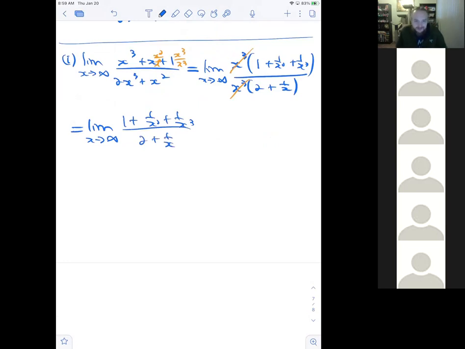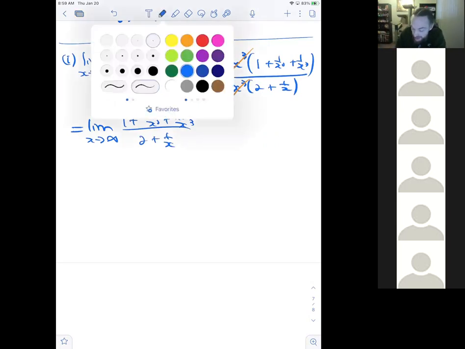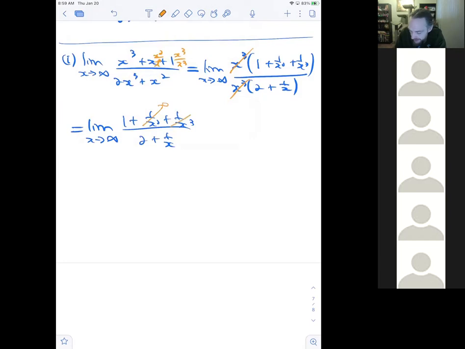Why did we do that? Because we have to know from our lexicon all of these reciprocal functions, all of them go to 0 at infinity. That's why we do that. We're going to have to do the same thing for the transcendental function. So what does this equal? This just gives me 1 plus 0 over 2 plus 0, which is 1/2, like I promised.